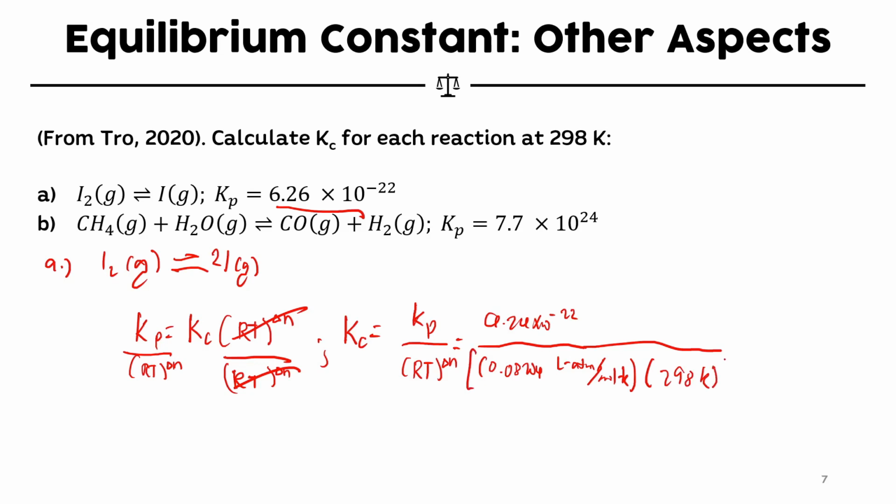And remember that these are all raised to the power of delta n. So our delta n is product minus reactant. So coefficient of the product minus reactant, so 2 minus 1, that is equal to 1.